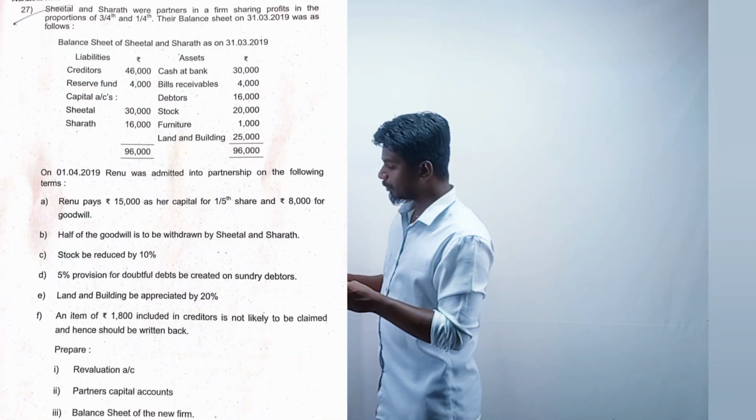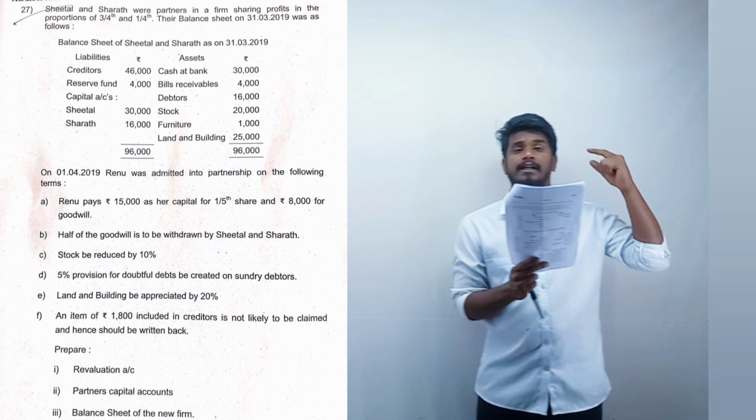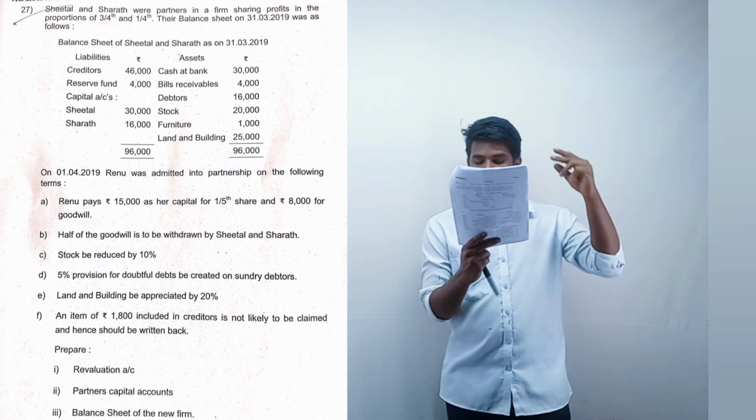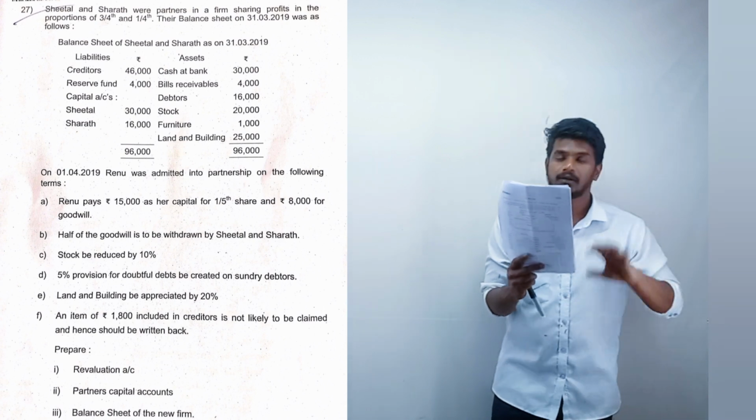So we'll read the question and understand it, and solve it, that will be better. What we need to prepare is a revaluation account, partners capital account, and a balance sheet of the new firm, correct? So let us start with the revaluation account.